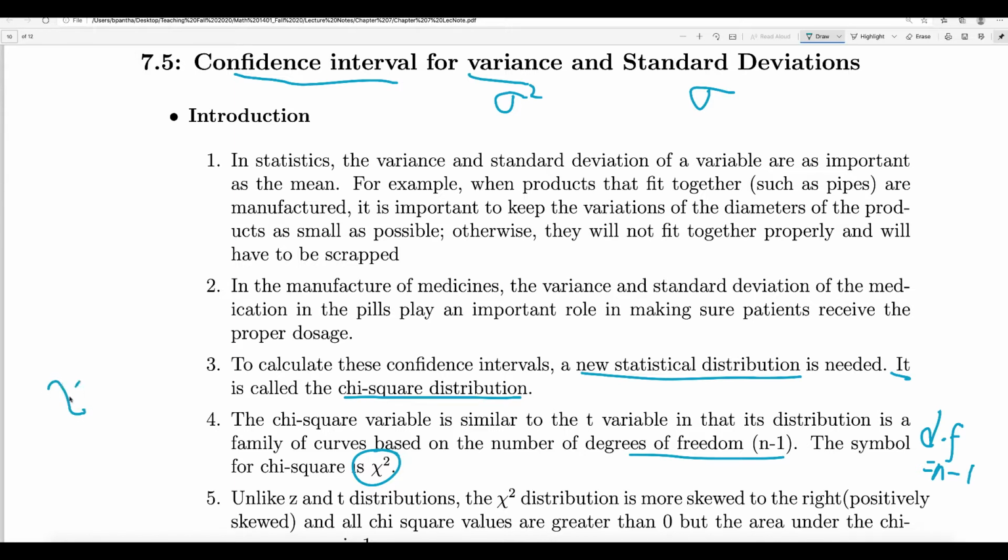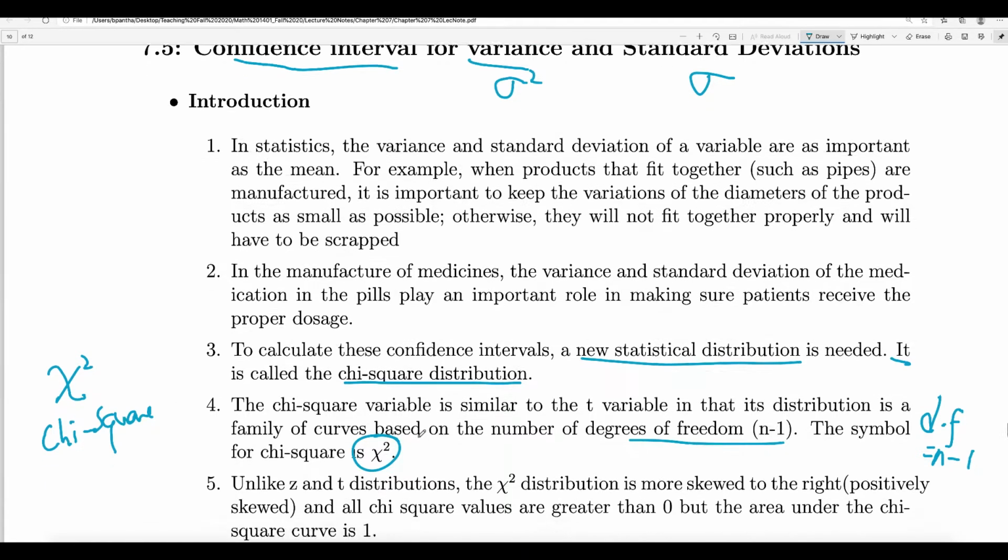We call it chi-square. For the confidence interval of variance and standard deviation, we need to use the chi-square table. Most calculators do not have chi-square or inverse chi-square values, so we need to use a table. The table is given later.